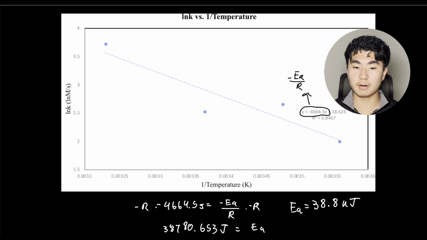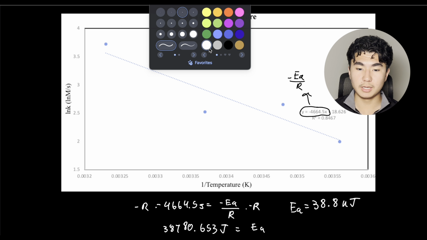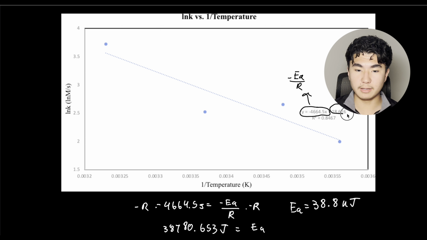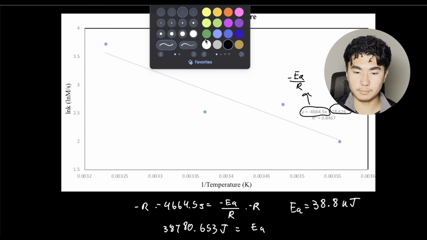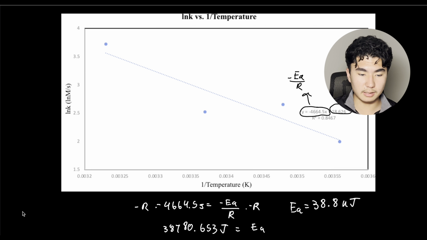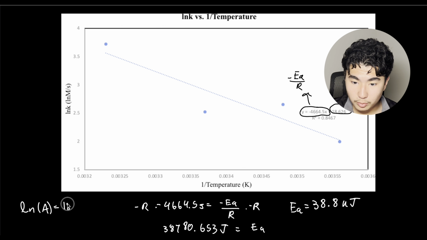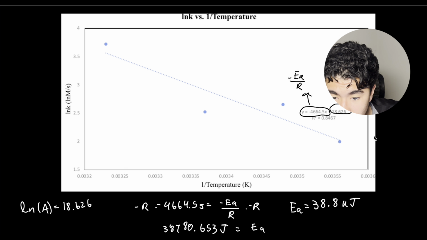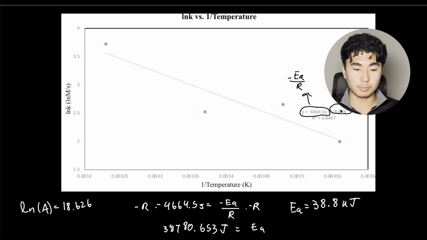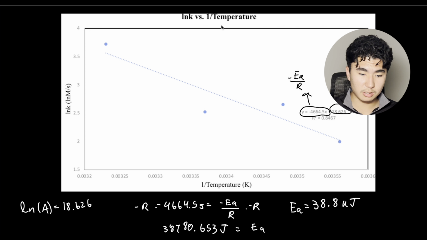Now over here on that same graph is our ln of A. So this will equal ln A. Our pre-exponential factor, I'm just going to call it A. If we wanted to find our A, since this is ln A equals 18.626, I think that was a plus, so plus 18.626, all we have to do is raise it to the power of e.